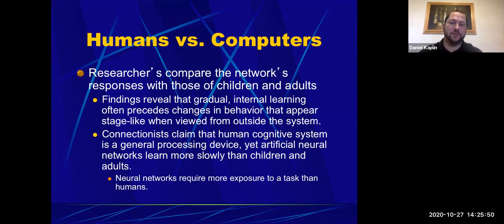Now, when it comes to human versus computer, the human cognitive system is much more general, whereas artificial neural networks, or computer-based neural networks, learn even slower than humans and adults. I will tell you that the curve between humans and computers is getting shorter, the distance between the two.